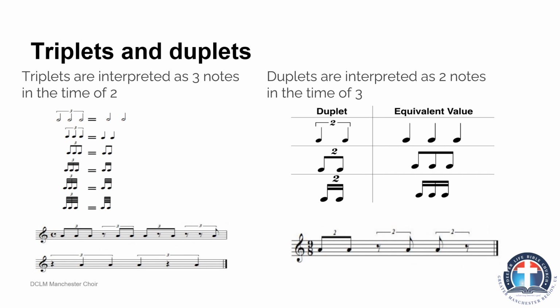And what it means is that you will sing all 3 notes, but in the time of 2 notes instead of 3. So for example, 3 minims grouped together with a bracket on top and the number 3 written at the top of them means you should sing all 3 notes, but in the time of 2. 3 crochets with a 3 on top, sing all 3 notes, but in the time of 2 notes.